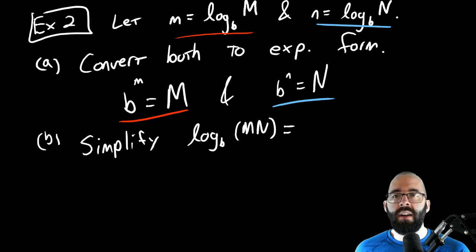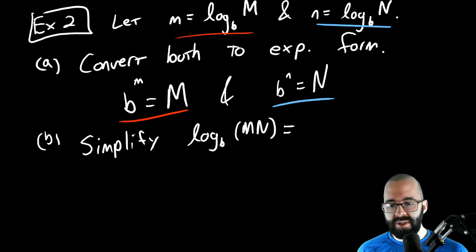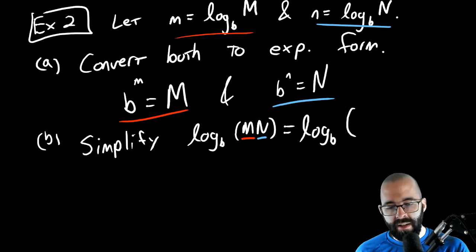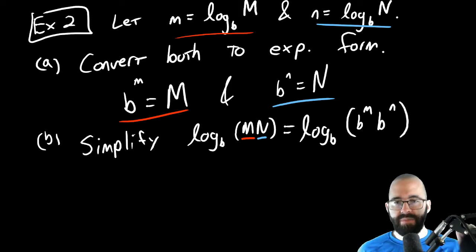Actually, let's do it even simpler. Let's substitute. M is b to the little m, N is b to the little n. So this just becomes log base b of b to the m times b to the n. And we want to simplify this.